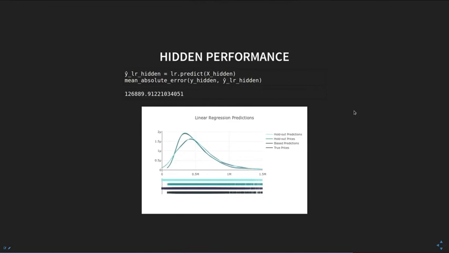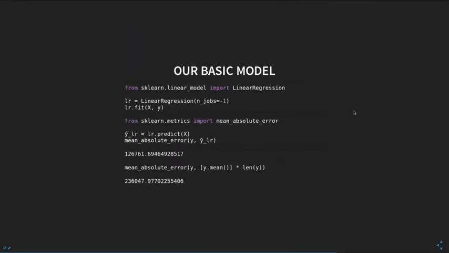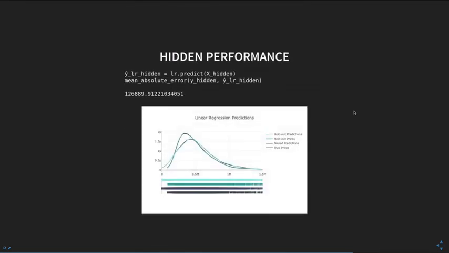Now, obviously, if I would have settled on this model right here, then we'd deploy it and see how it goes afterwards. So this is not something you should do. This is just for this example's sake, so that we can actually see how well it performs in the future.